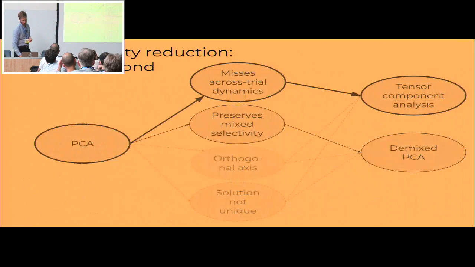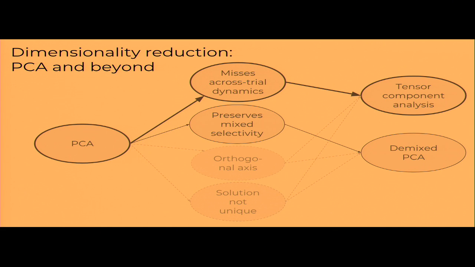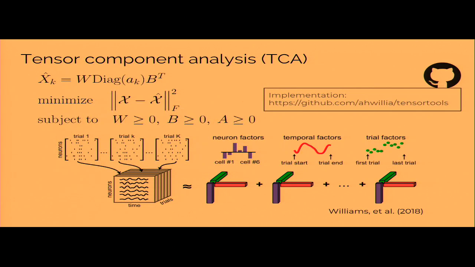And so a natural extension of PCA to three dimensions is given by tensor component analysis, which is a recent rehashing of polyadic tensor decomposition. Essentially, it allows you to do PCA or some sort of decomposition on third-order tensors as opposed to second-order. And it looks similar.